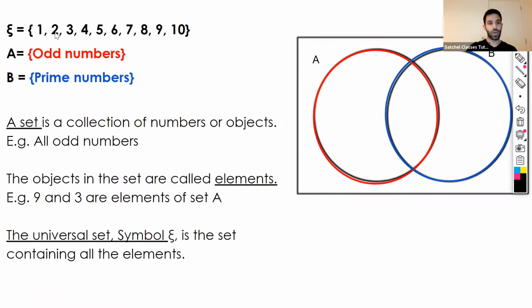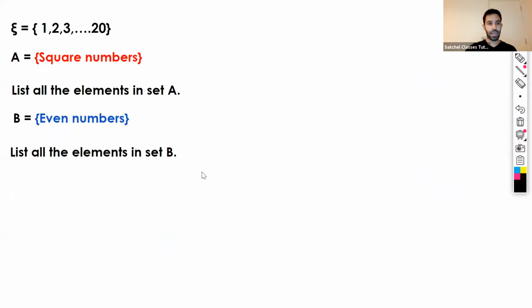So for instance, 2 is an element in a universal set. 2 is also an element in set B. And here it says 9 and 3 are elements in set A, which is true because they are both odd numbers. And the universal set is a set that contains all the elements in our Venn diagram.